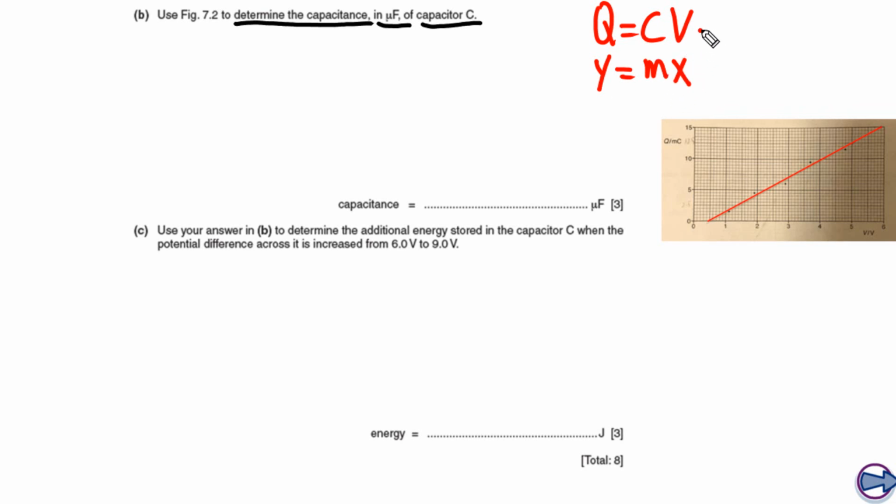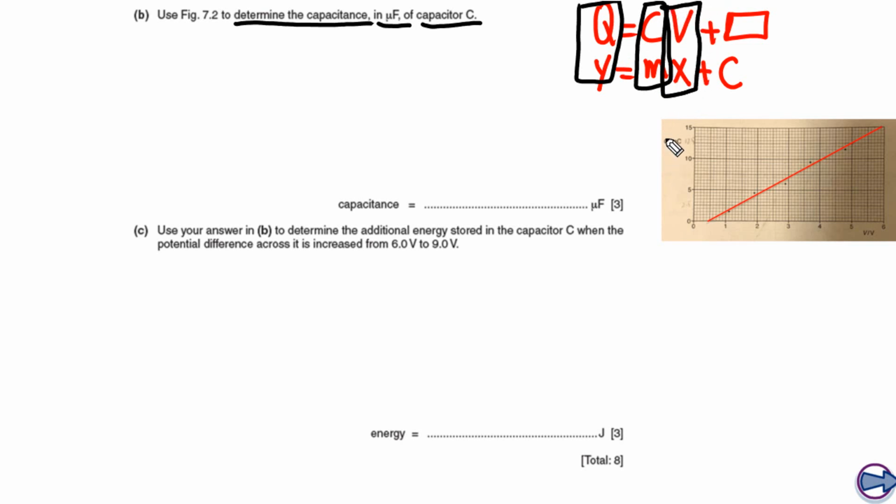But now, as you can see here, there is a systematic error. In this case, Q is on the y-axis, and the capacitance will be equal to the gradient of the graph if we have Q on the y-axis and potential difference on the x-axis.